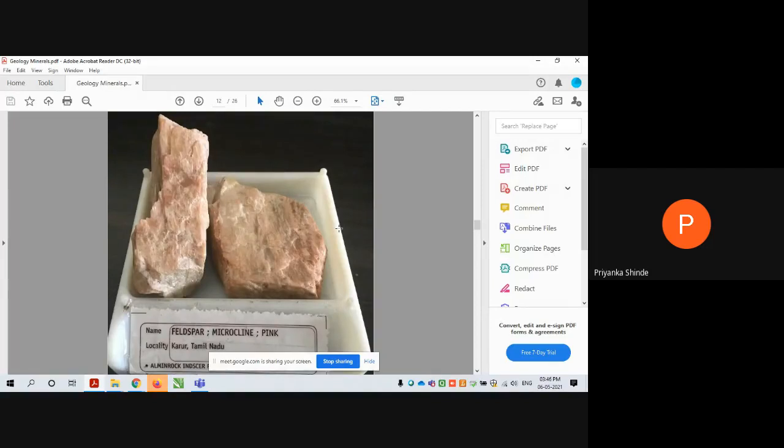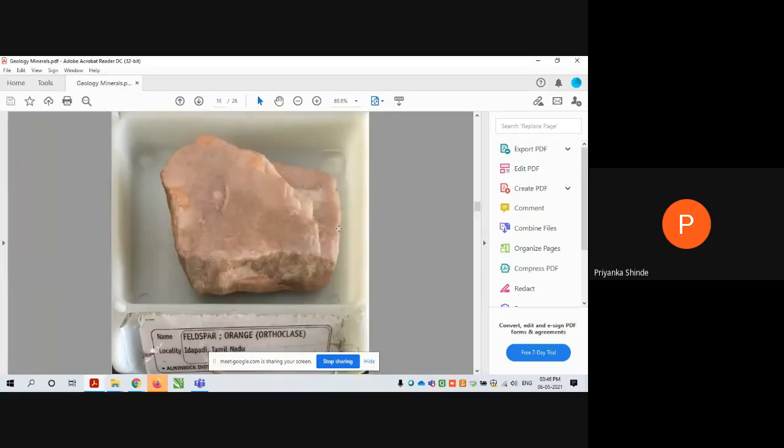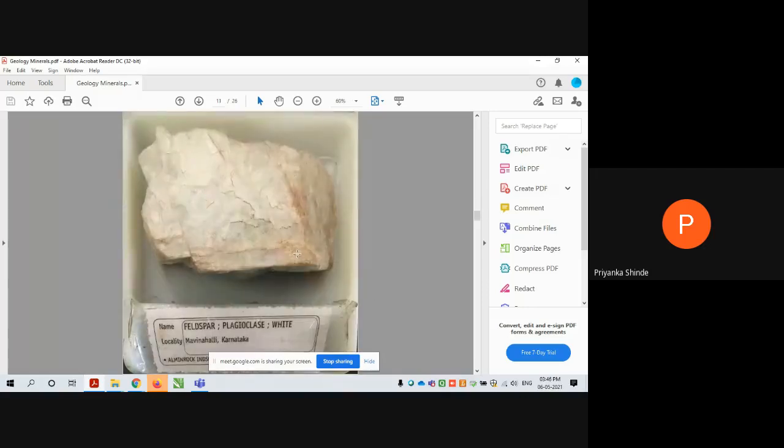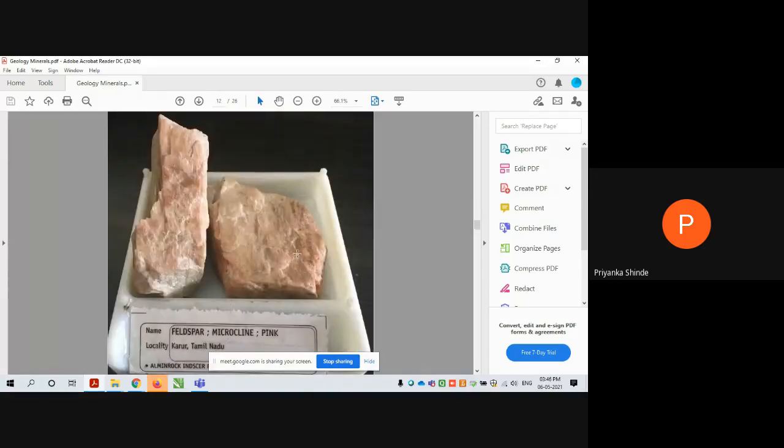Okay, so orthoclase, if you see the color, it looks like flesh or meat. So you can write the color as flesh red. Then plagioclase is white in color and microcline is pink in color.